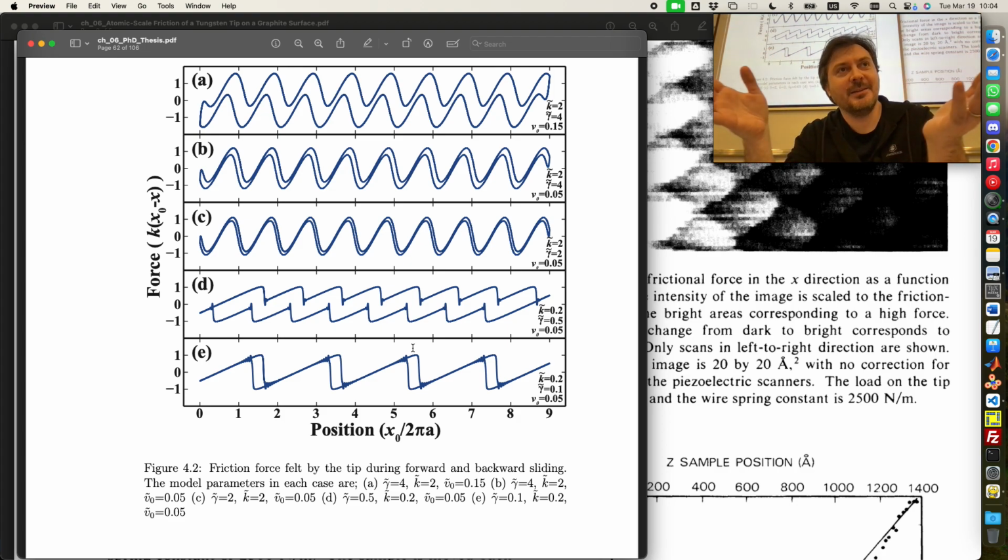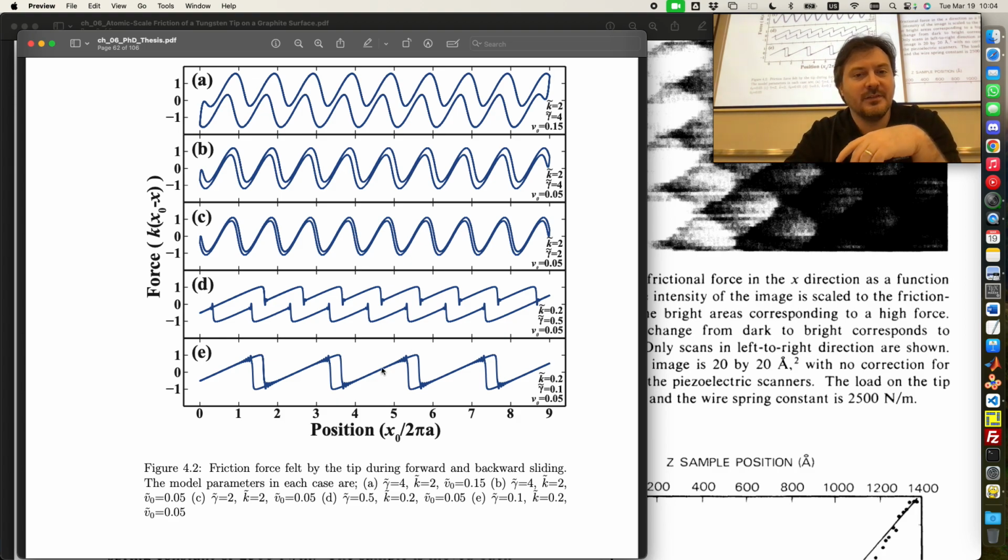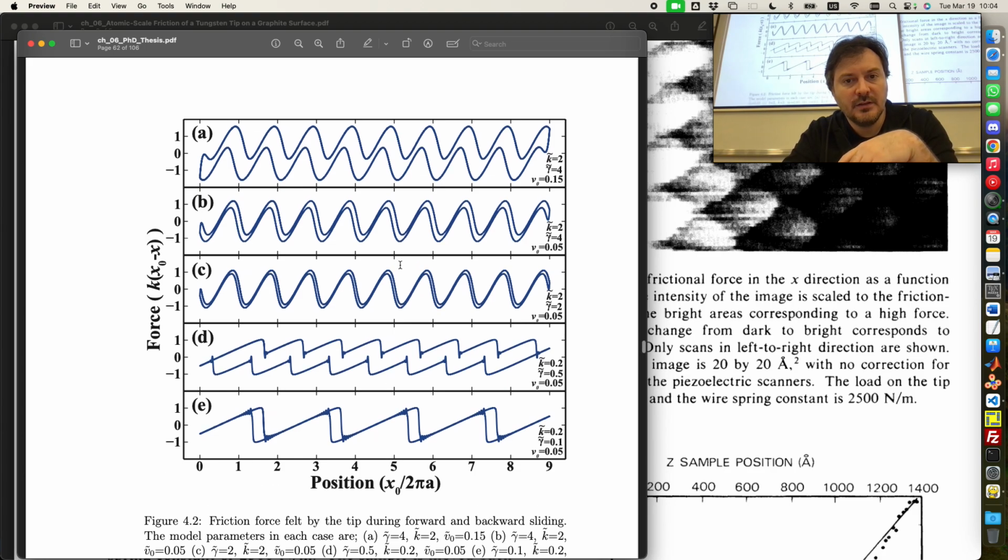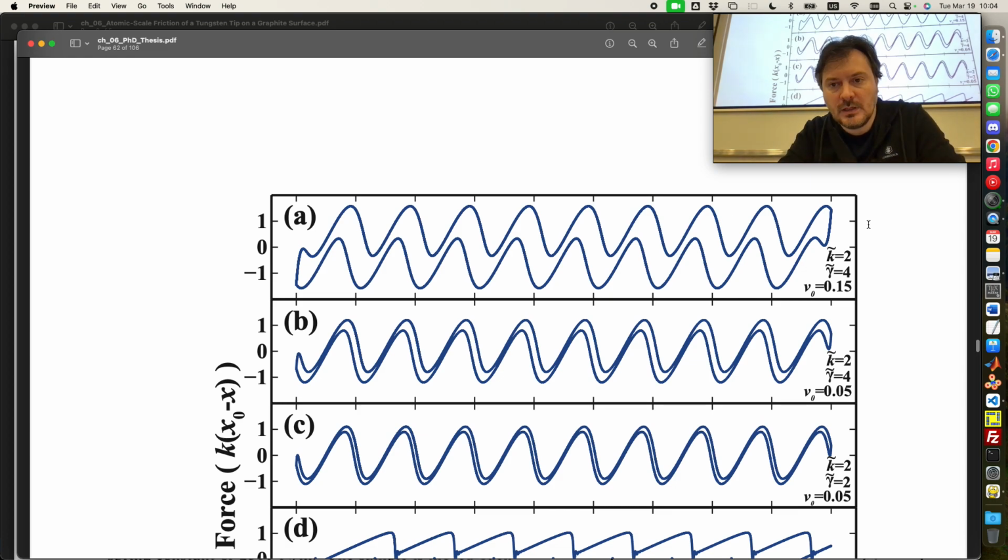Should you choose to accept the homework, you will play with these parameters. As you can see, there are these different regimes. And this is superlubric regime, although it doesn't look like it, but it is. And the area in between is large because we have large velocity.